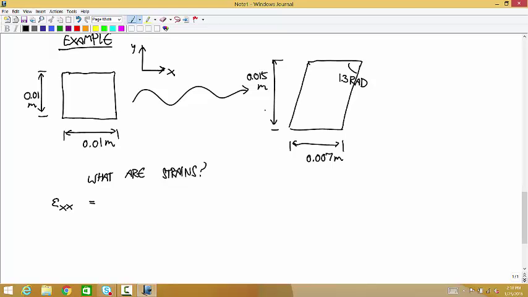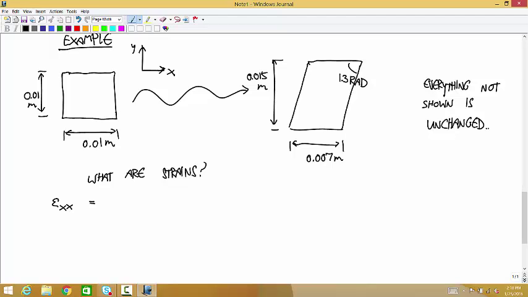So if everything else is unchanged, the stuff that you can't see in this picture, the out of plane stuff, the angles don't change, and so if you looked at it from the side, you'd still see right angles, and you wouldn't see any change in length.